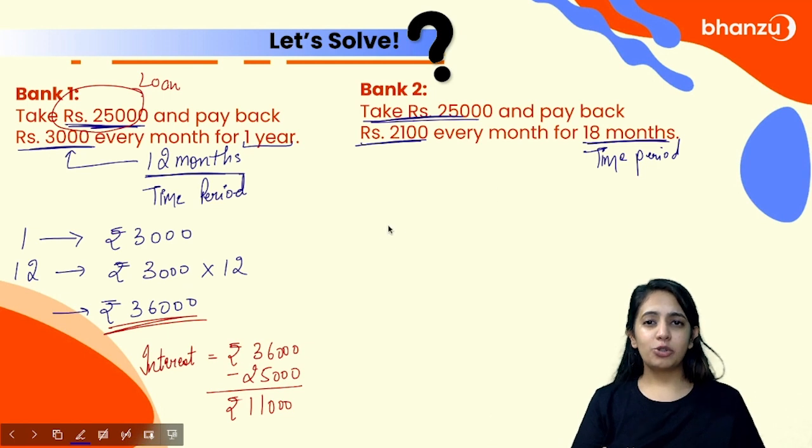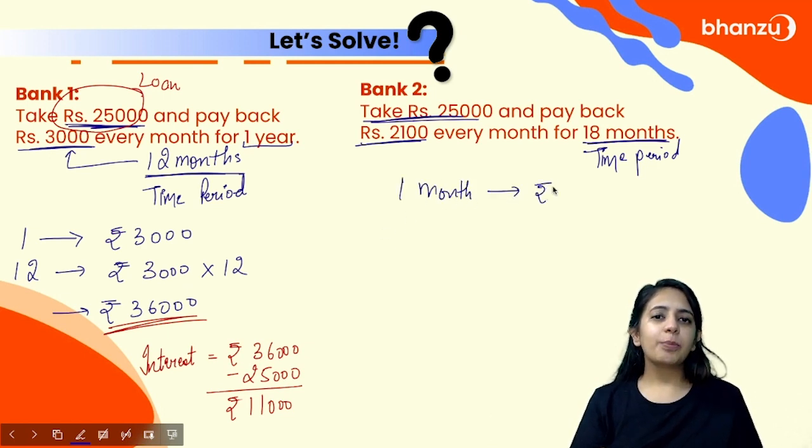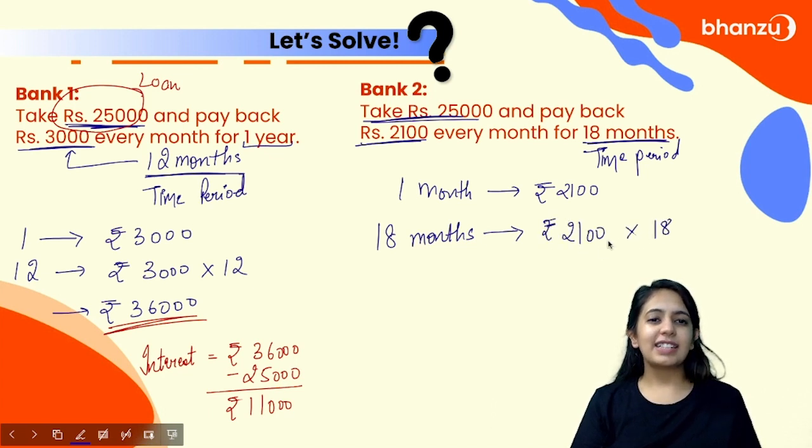In case of bank number 2, for 1 month, they are asking to pay rupees 2,100. And if we are going to pay the bank the same amount till 18 months, then what is the total? 2,100 times 18, which is rupees 37,800.